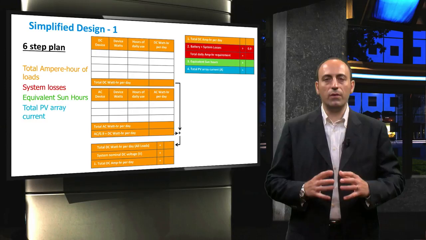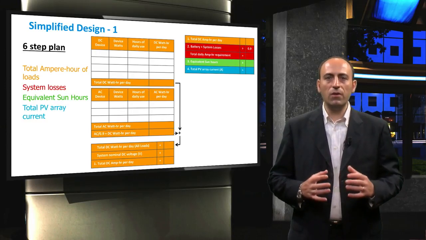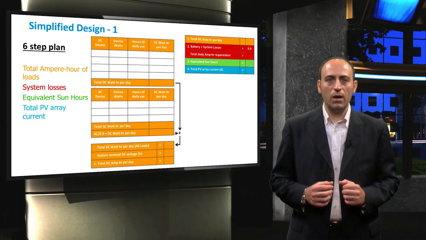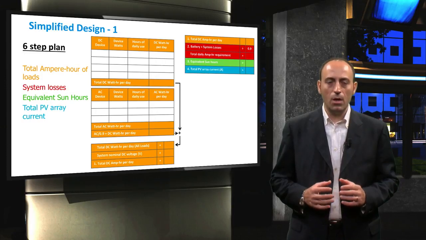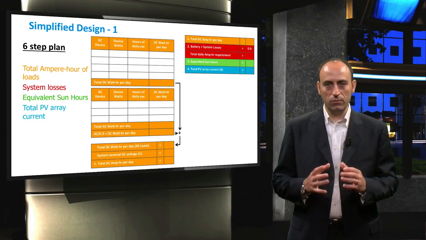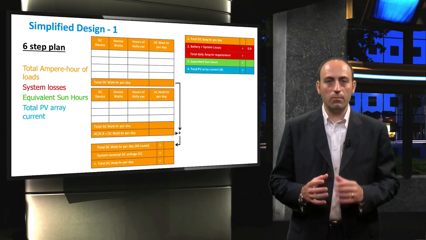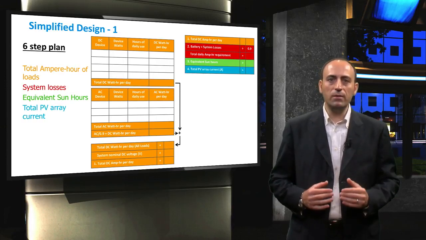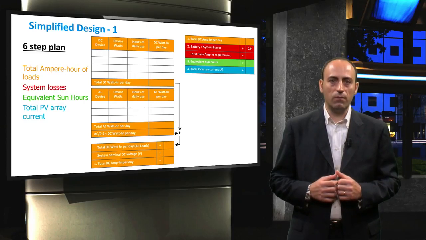Once the number of ESH is obtained, we can determine the total required output current of the PV system array. The output current is obtained by dividing the daily total ampere hour requirement, determined in step 2, by the obtained equivalent sun hour value.